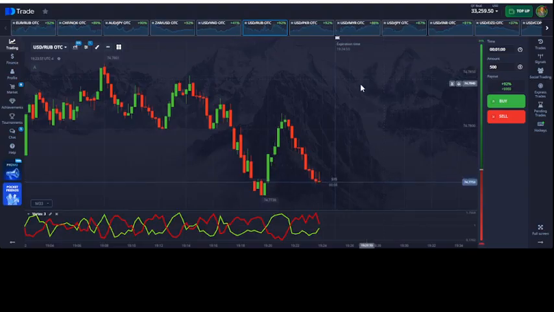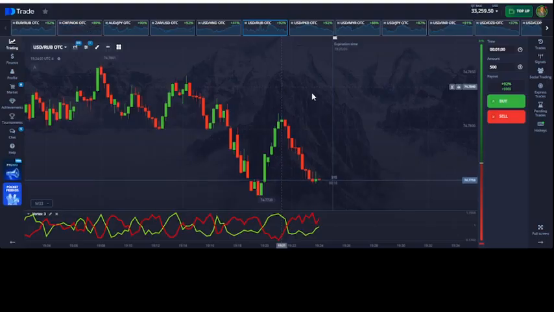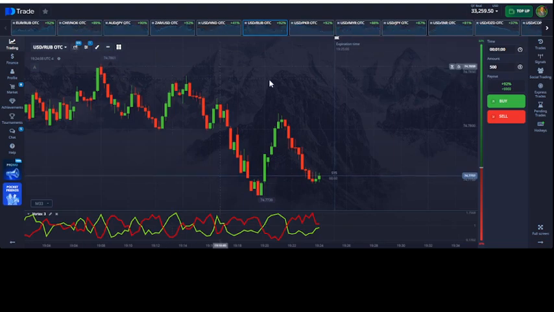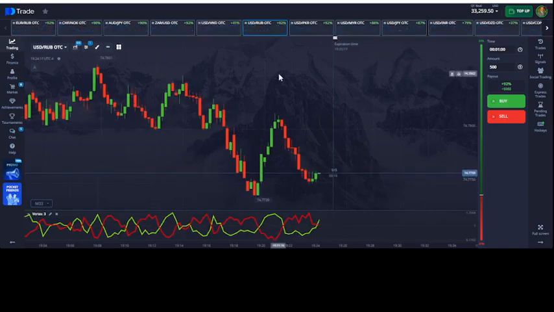With this options trading, which is specifically binary options, the return on an asset is about 80% on average. Some of these assets have higher returns, like 92%. Some have lower returns, but the general average is 80%.